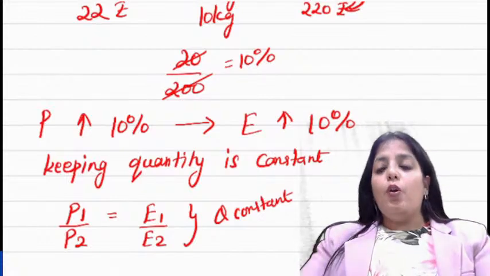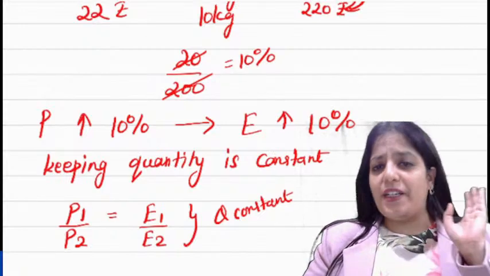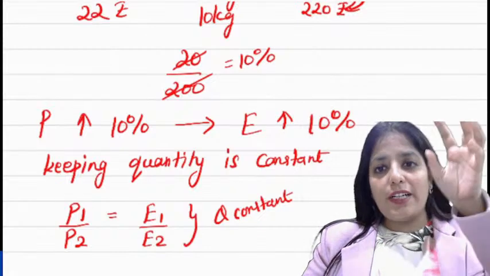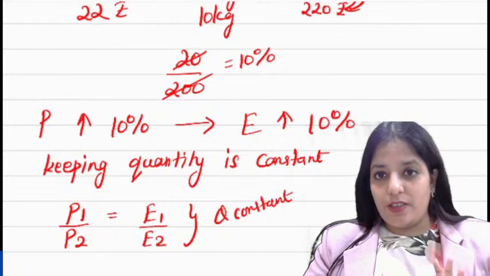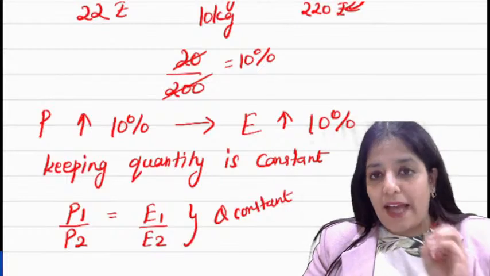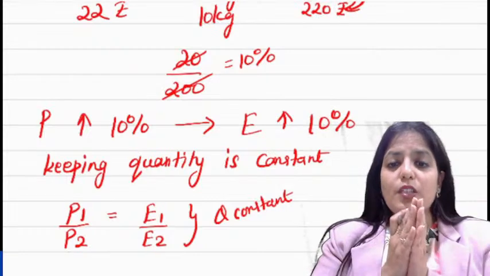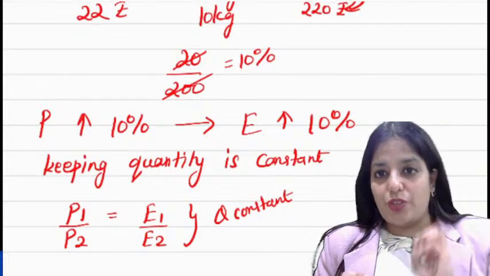Now, what if the question says we don't want to increase the expenditure? If price is increasing, we will consume less, but we won't increase the expenditure. In that situation, we need to reduce the consumption.